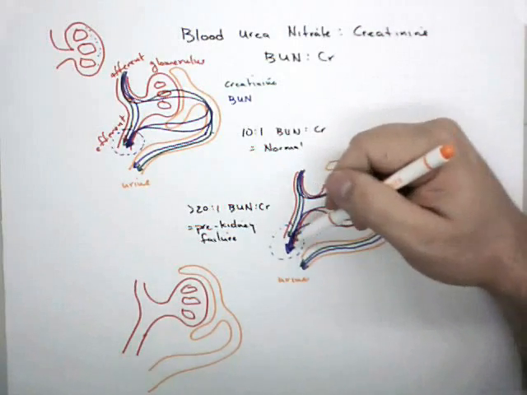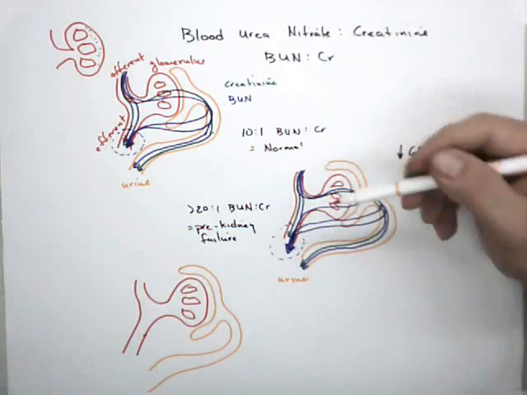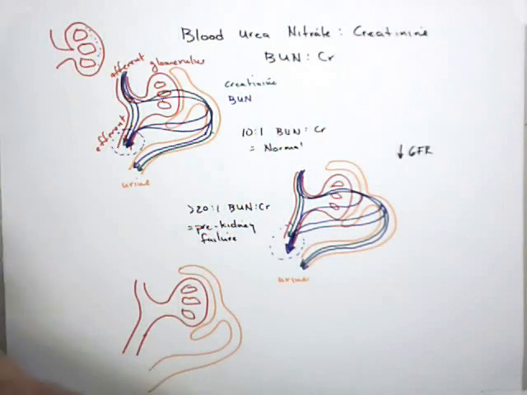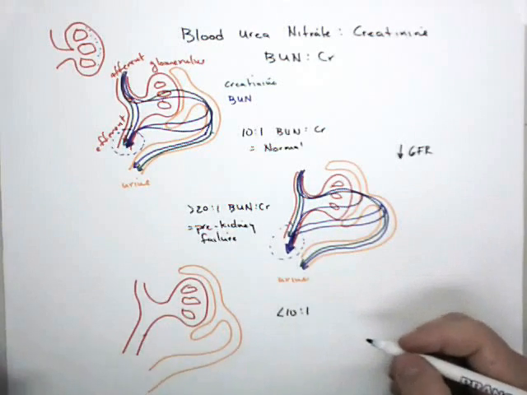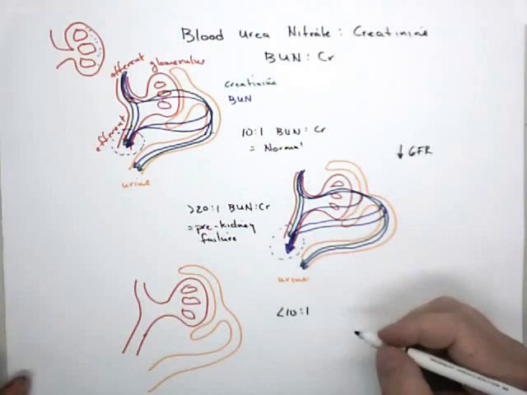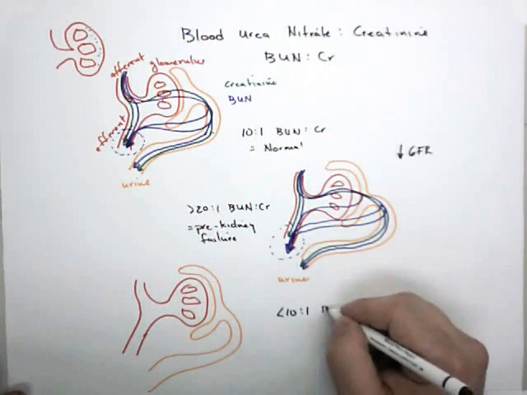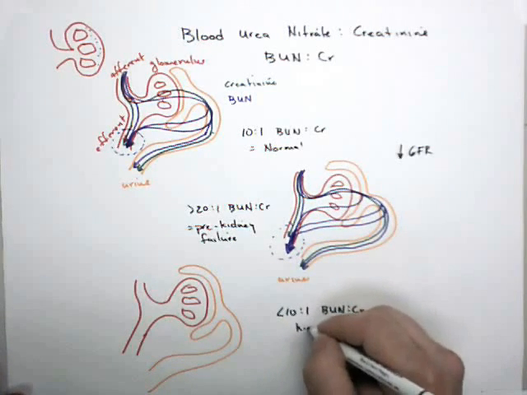In this case, it's leaking back really quite a bit, and so that's going to create an advantage. If there's no advantage, if the ratio is less than 10 to 1, then we're saying basically that they're the same. Blood urea nitrate and creatinine are the same in the blood. And that's going to tell us that we are in full kidney failure.